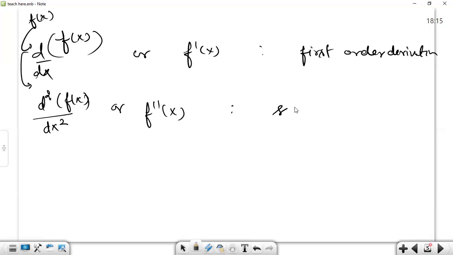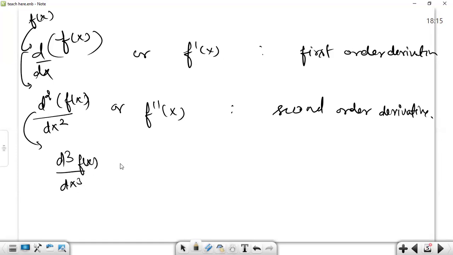So it means second order derivative. And if we differentiate it further, it can be represented in this manner. This is third order derivative. Is this clear? And this goes on and on.